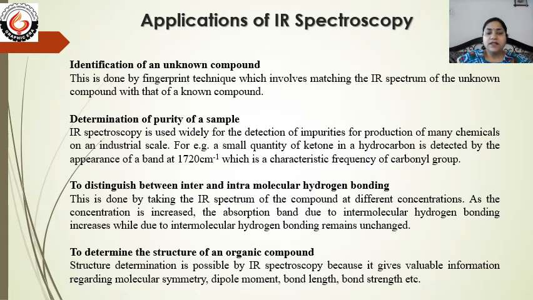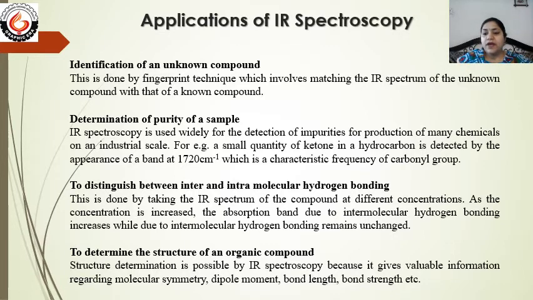Next is the identification of an unknown compound. This is done by a simple fingerprint technique, which involves matching the IR spectrum of the unknown compound with that of a known compound. Like, we have a list of spectra of known compounds, and I have a sample and I don't know which organic compound is present in it.